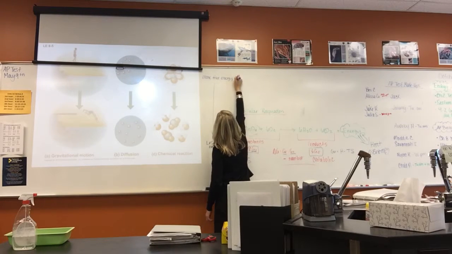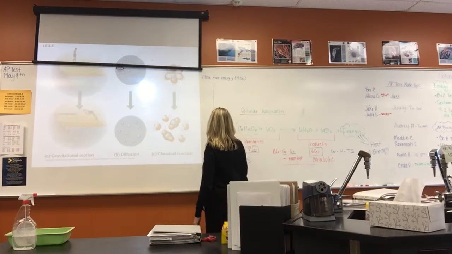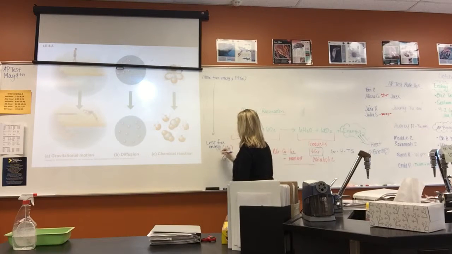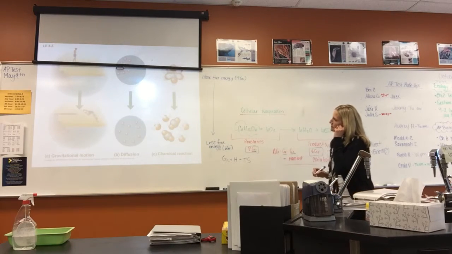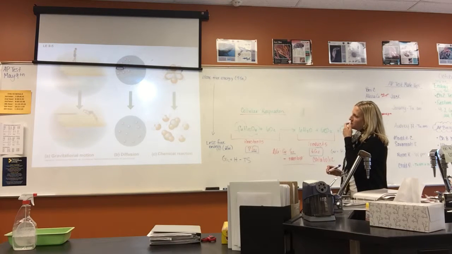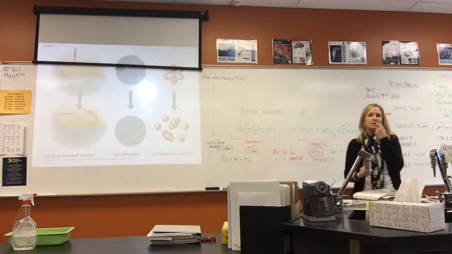So what does that mean? What has higher G? G initial is higher than your final. Final would be lower in this. For the chemical reaction, would energy be needed for this or released?